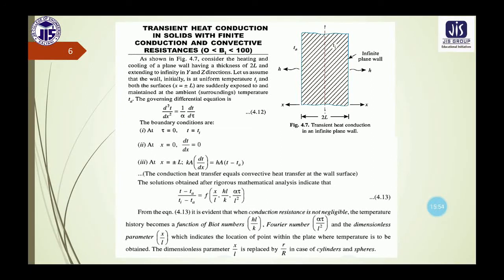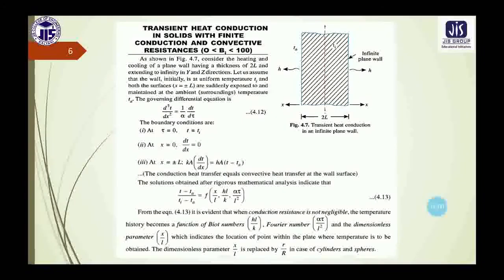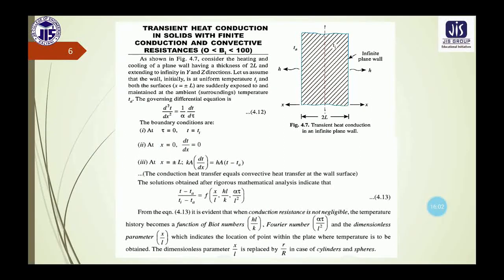So the total thickness of this infinite plane wall is considered as 2L, extending to infinity in the y and z directions. Let us assume that the wall initially is at uniform temperature, and both the surfaces x equals plus minus L are suddenly exposed to and maintained at the ambient or surroundings temperature Ta.